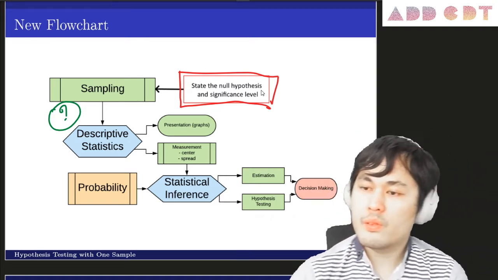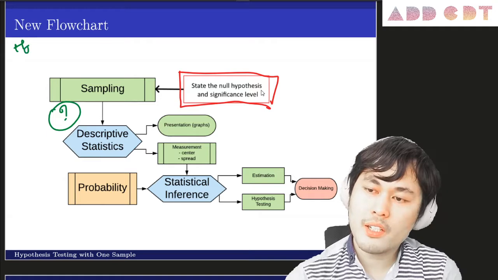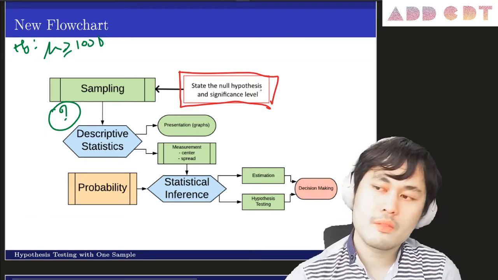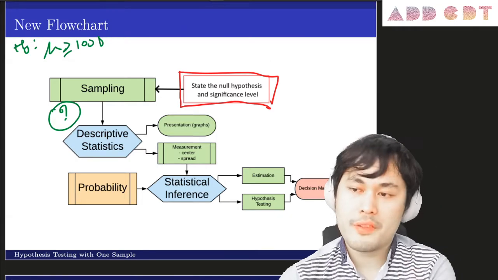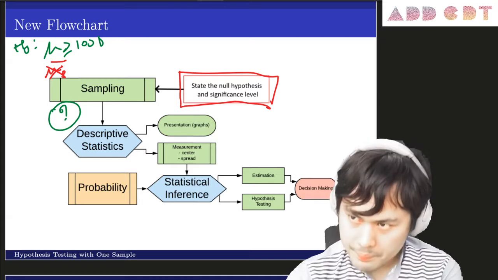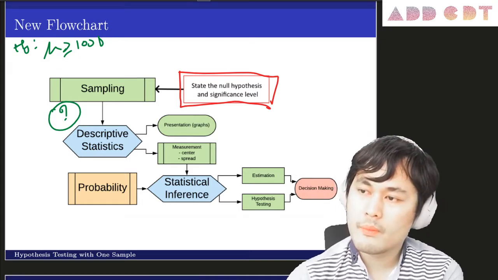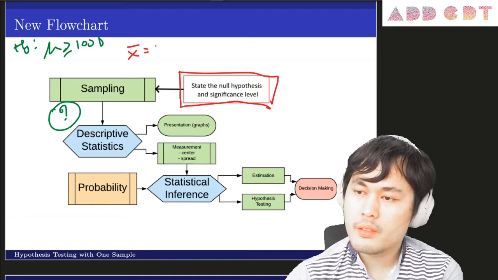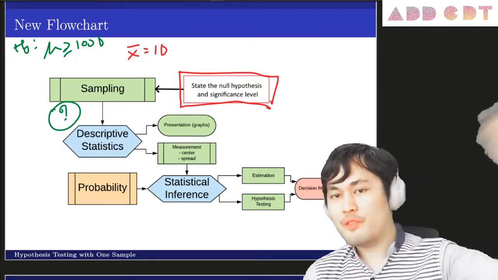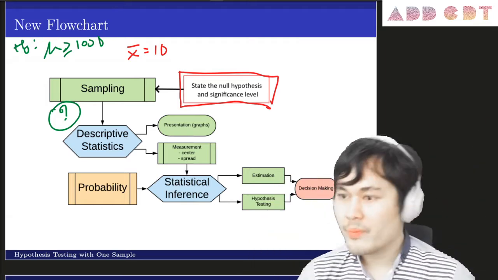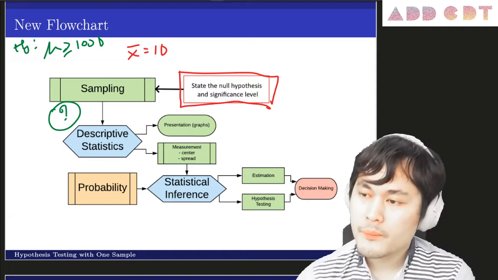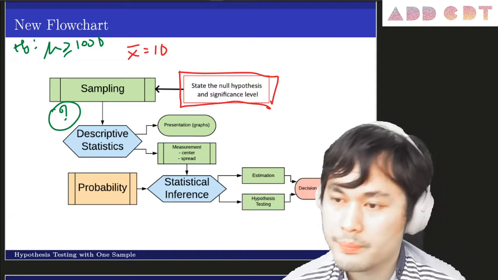Maybe you are totally clueless and say mu is at least 10,000, but your first sample says that the sample mean is 10. That means in the beginning you are way too far off, because you have no initial information to make a good hypothesis with, right?